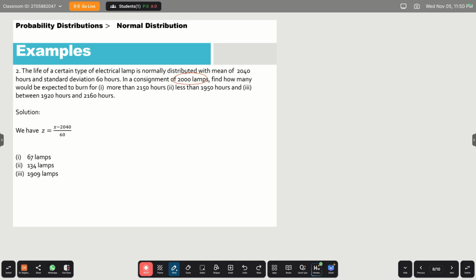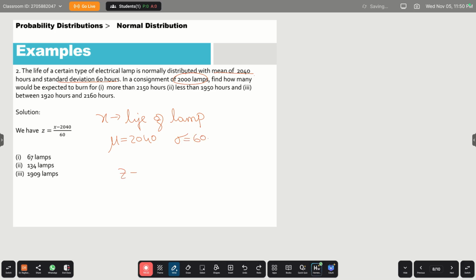So here, what is x? X is the life of the lamp, which is normally distributed. The random variable x is the life of the lamp, and on average, the mean is given as 2040, and the standard deviation is also given as 60.